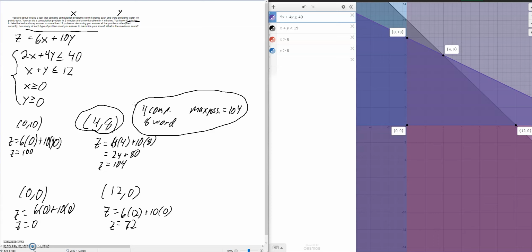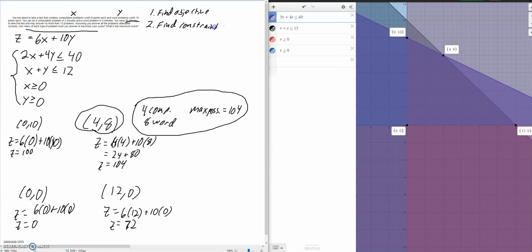So, what did we do here? Let's get a step-by-step guide to figure out how we handle these. One, find your objective function. Your objective function is what you're trying to maximize. So your goal is to find a way to maximize this objective function. The second one, now that we have our objective function, we need to find our constraints.